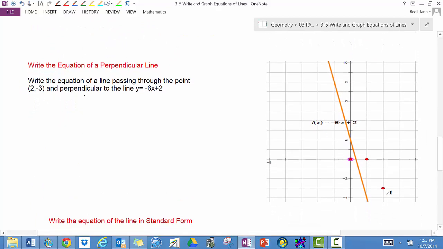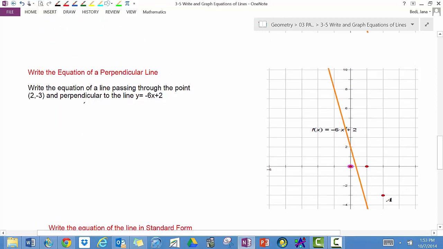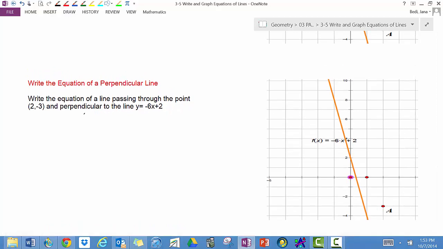Write the equation of a perpendicular line. So we have the same situation here. This time I am going to take this point, and the equation of the line that I will write will have a slope that is the negative reciprocal of -6. So what is the negative reciprocal of -6?